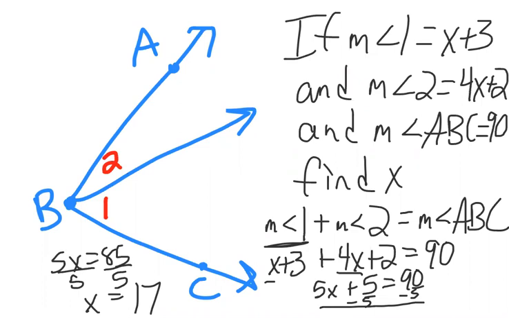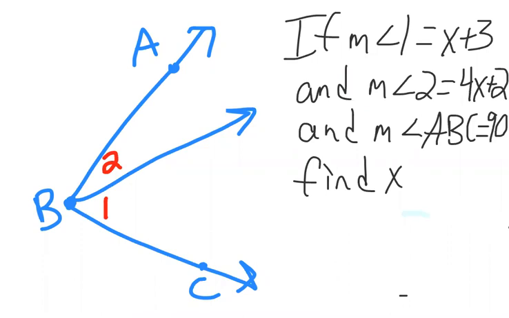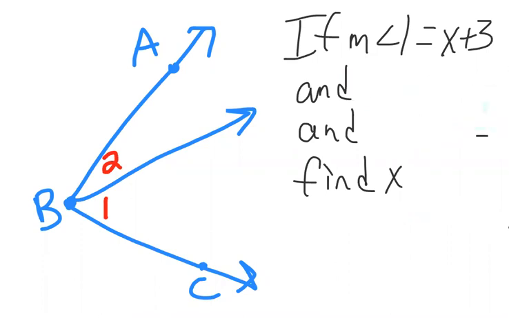So I'll do that here. I'll give you one more where I change the order that I give them to you in. Let's see if you can still get this one right. All right, let's say that angle 1 is now 3x minus 10.